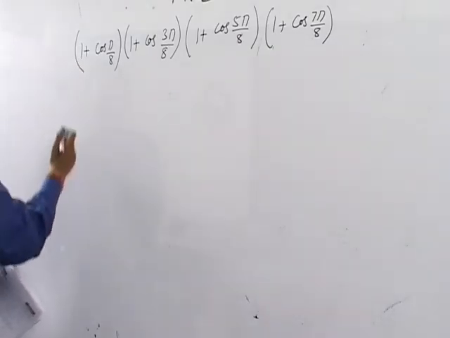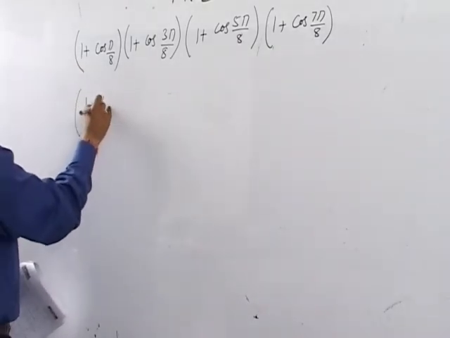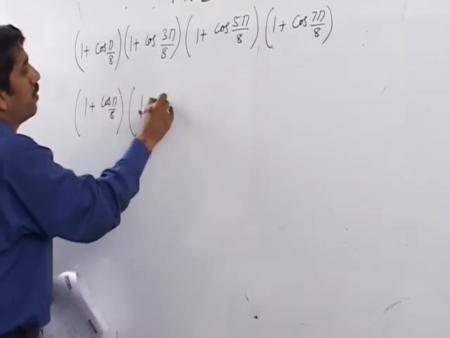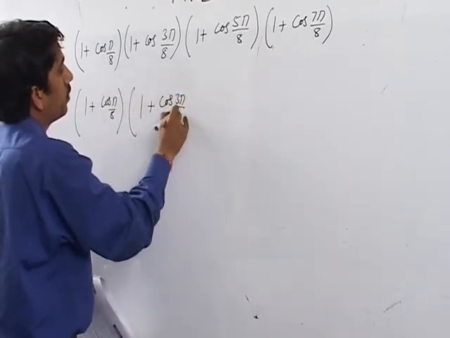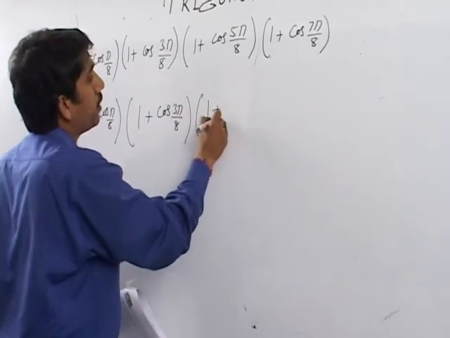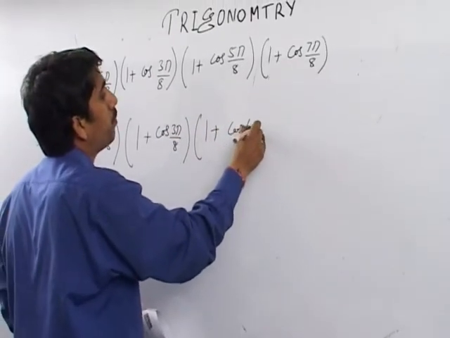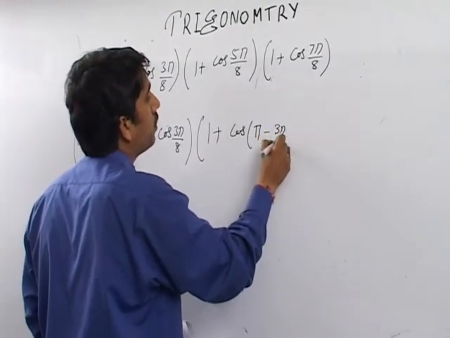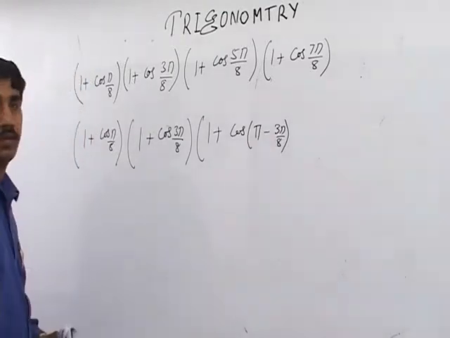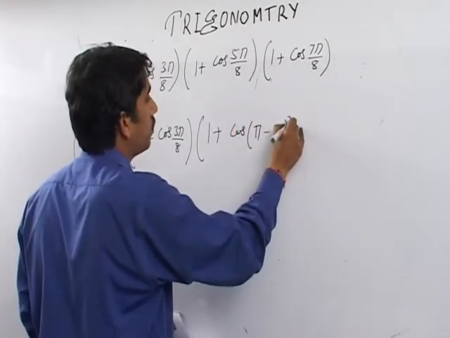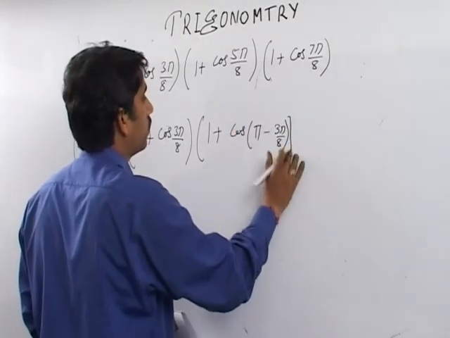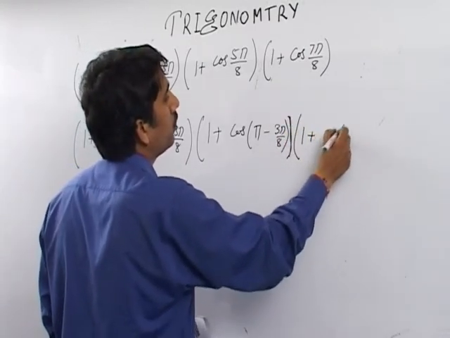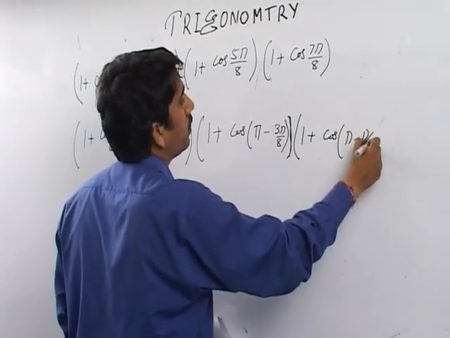Now this can be written as 1 plus cos pi by 8 into 1 plus cos 3 pi by 8. This is 1 plus cos of pi minus 3 pi by 8, and this can be written as 1 plus cos of pi minus pi by 8.